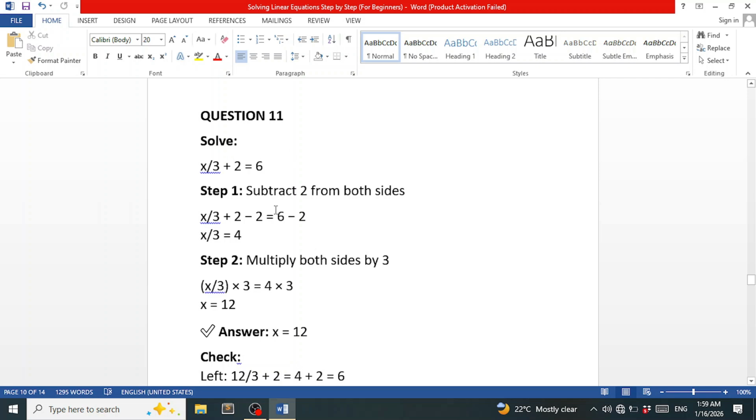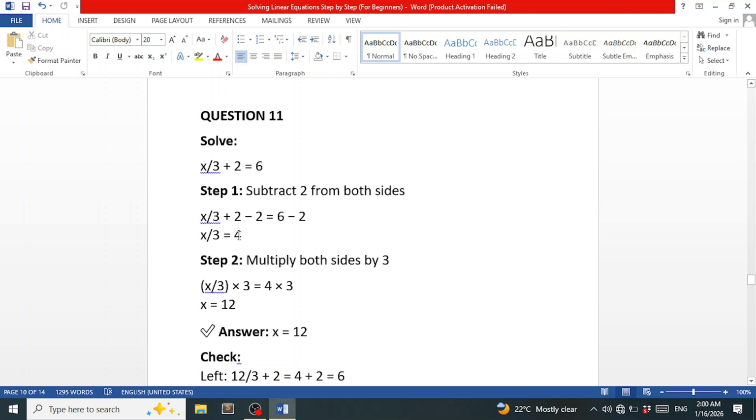So x divided by 3 plus 2 minus 2 equals 6 minus 2. So x over 3 plus 2 minus 2, which is gonna give us 0. This one is gonna cancel with this, and then equals, here it is 4. So we've got x divided by 3 equals 4.